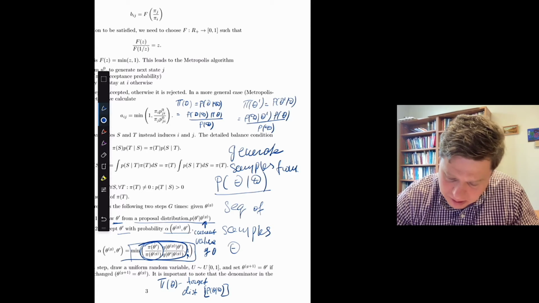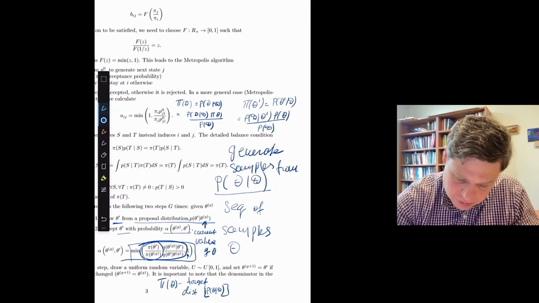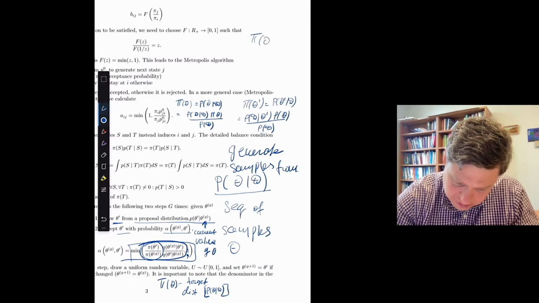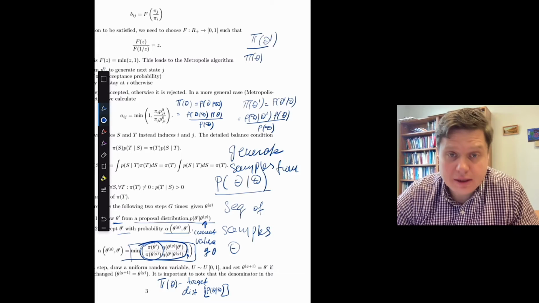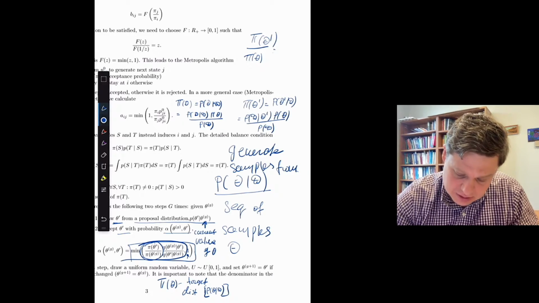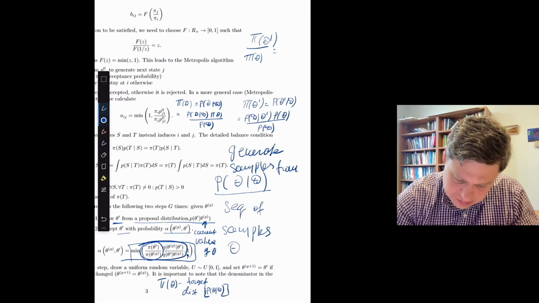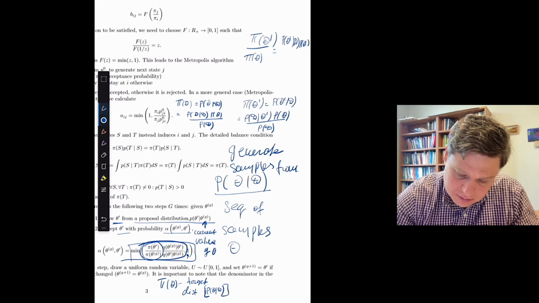So the nice part about this ratio is that when you take pi of theta prime and you divide it by pi of theta, the total probability p of data actually disappears. So what you have is p of data given theta prime times the prior pi of theta prime, divided by p of data given theta times the prior pi of theta.